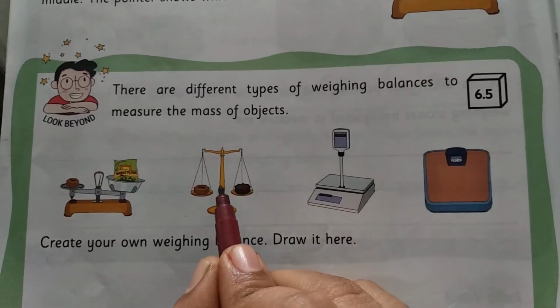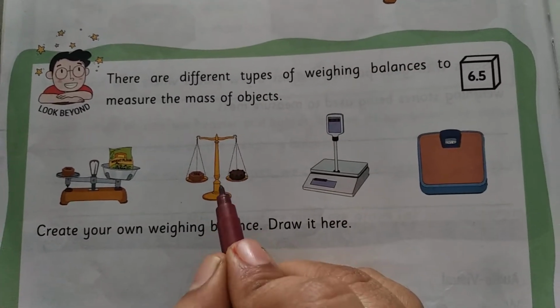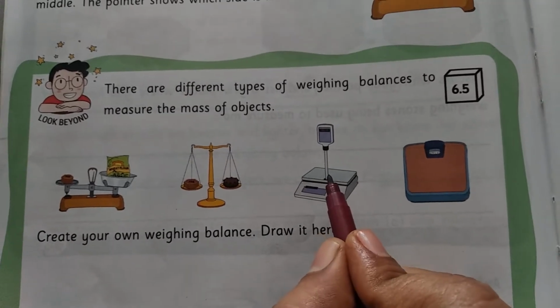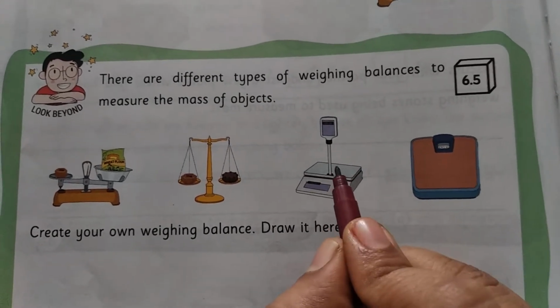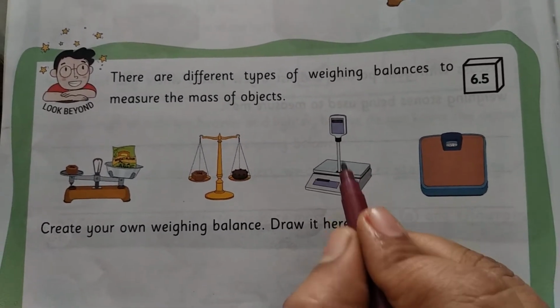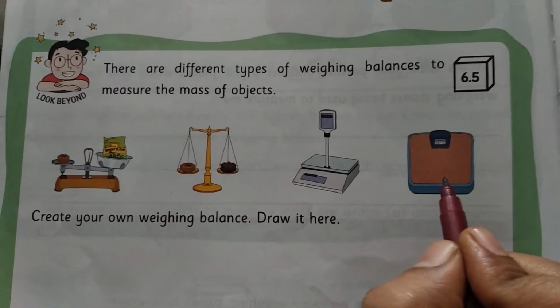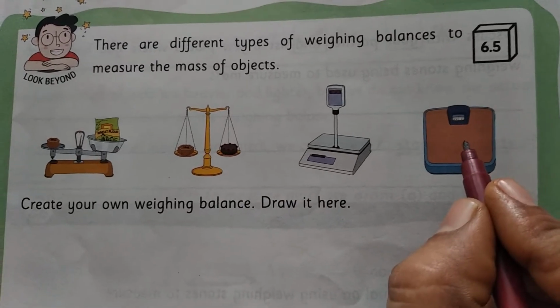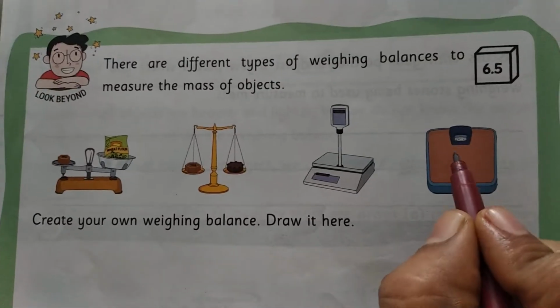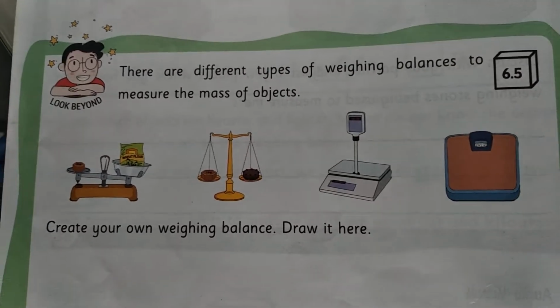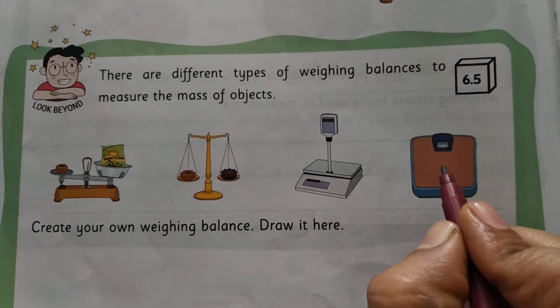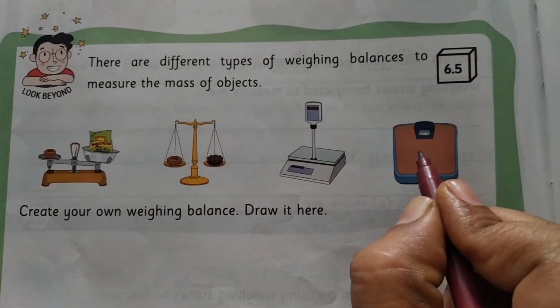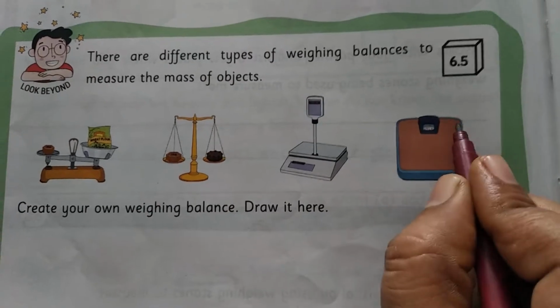And this is another weighing machine. And see this one: if you want to measure a larger object, they will keep it on this. And the last one: if you want to find your weight, in hospitals they have a weighing machine like this.